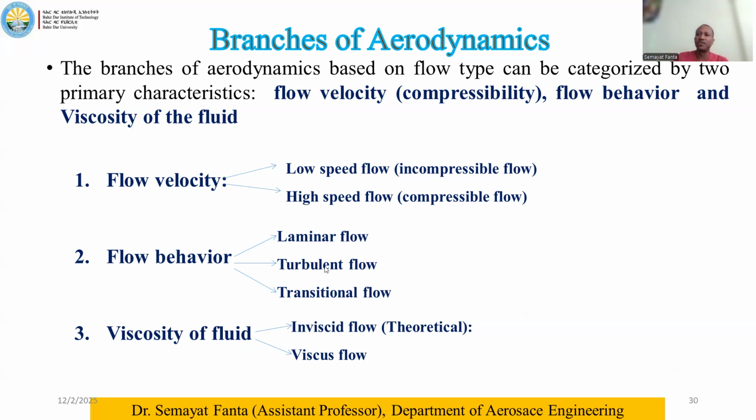And in between the two, the transition from laminar flow to turbulent flow is transitional flow. When we classify based on the viscosity of the fluid, we can call it inviscid flow and viscous flow. Inviscid flow means non-viscous flow. Inviscid flow is just a theoretical flow type for a kind of non-Newtonian fluids. Okay.